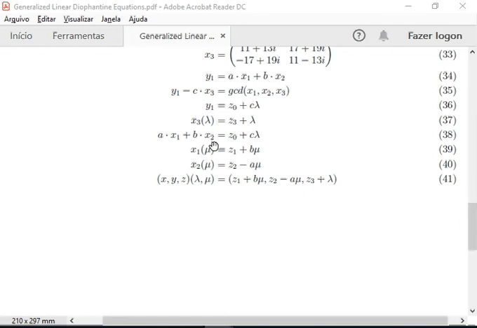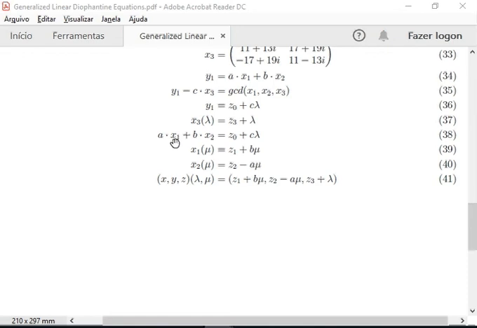Ax1 plus bx2 is equal to y1, which is equal to z0 plus c lambda. It has an ordinary solution for x1 and x2. If z1 is a solution and z2 is a solution, then z1 plus b mu is a solution, and z2 minus a mu is a solution.